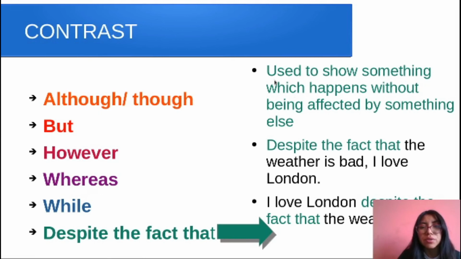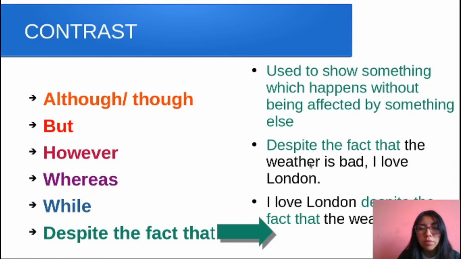When do you use it? You have to use it to show something which happened without being affected by something else, okay. Pay attention. Despite the fact that the weather is bad, I love London. Okay, it means that my second idea doesn't affect the first.